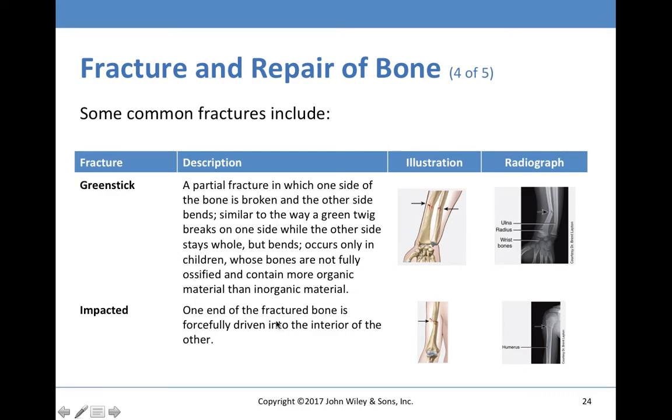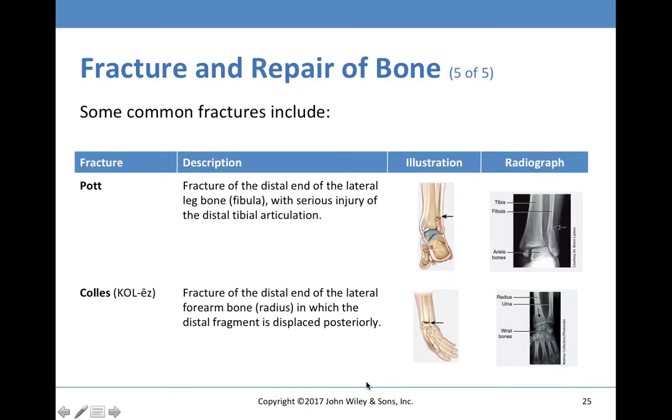And then our impacted fracture, this is where we're going to drive one end of the bone into the other end forcefully. So when we fracture the bone here, we end up driving the broken part into the cavity of the other end. So it's a very forceful type of fracture. And then we have our Pott fracture and our Colles fracture. The Pott fracture is a special one.